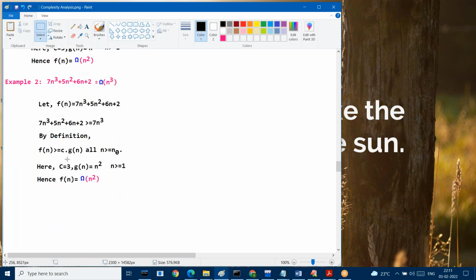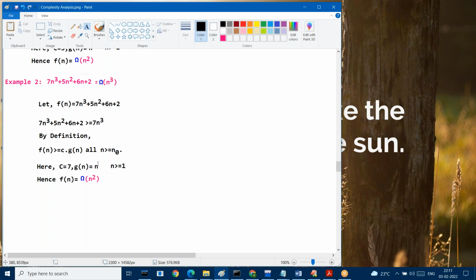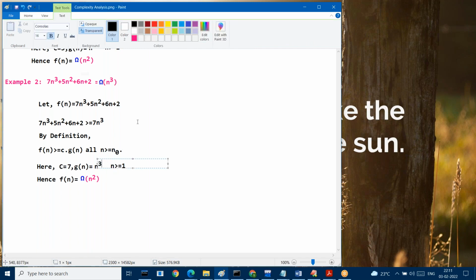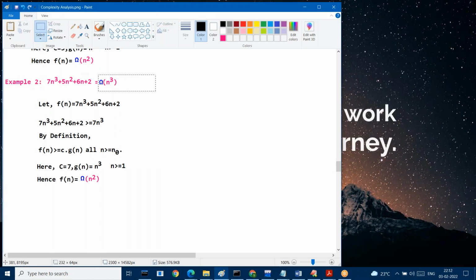What will be the value this time? 7. What is the value now? N cube. Seven n cube. This is what I have to prove, sir.